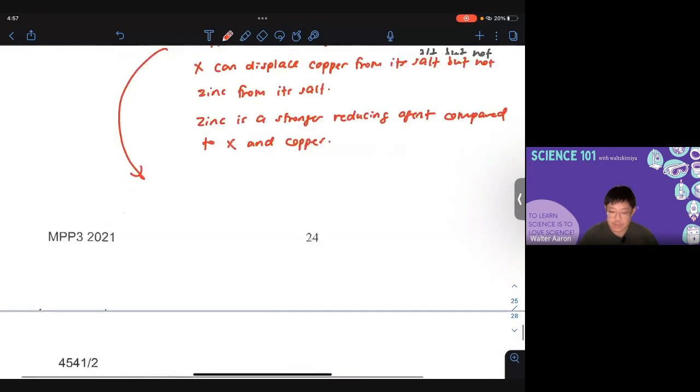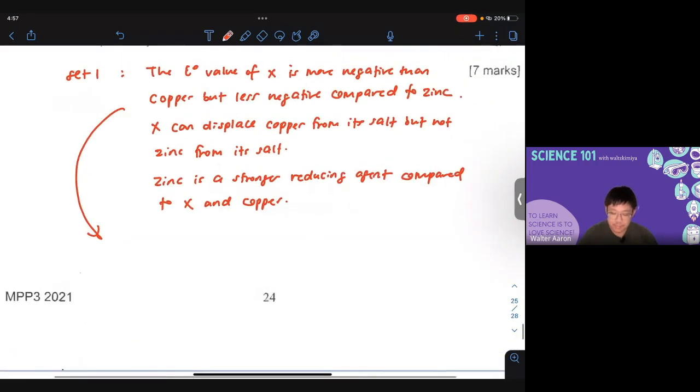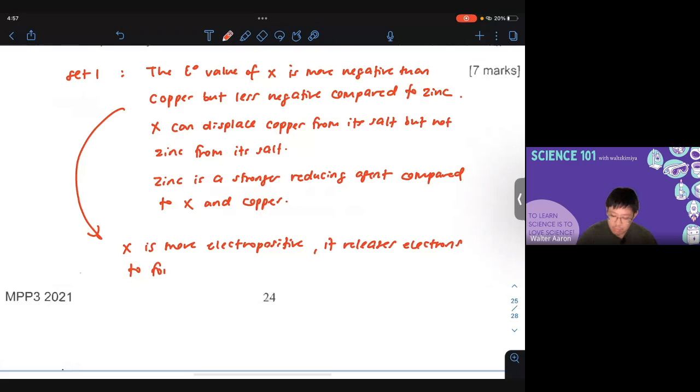So you say that X is more electropositive. It releases electrons to form X2+.